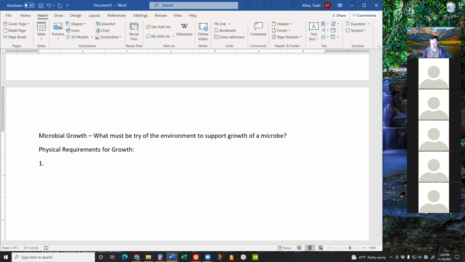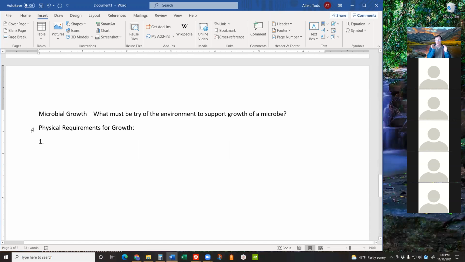Number one, temperature, right? Temperature plays a huge role in whether a cell is going to be capable of surviving or not, or reproducing, right? Yeah, I see some comments in the chat window. You're absolutely right, okay? So temperature. Now, when we talk about temperature in the field of microbiology, there's certain buzzwords, certain vocabulary words that come up and are juicy exam question kind of things, right?